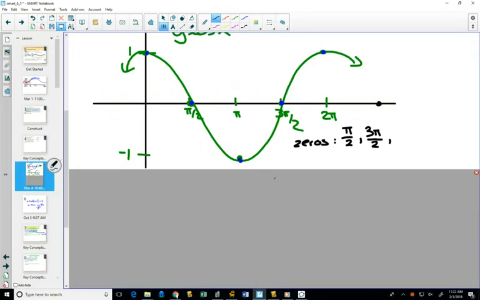Right here. 5 pi over 2. And then the next one, 7 pi over 2. And similarly, if you went in the negative direction, you would have negative pi over 2, negative 3 pi over 2, negative 5 pi over 2, and so on.